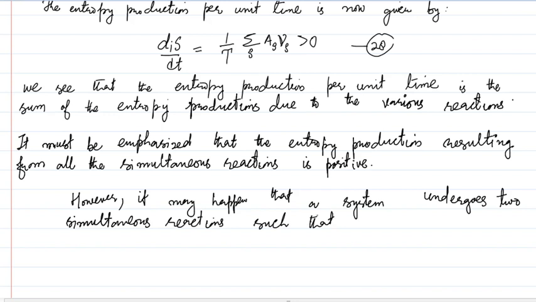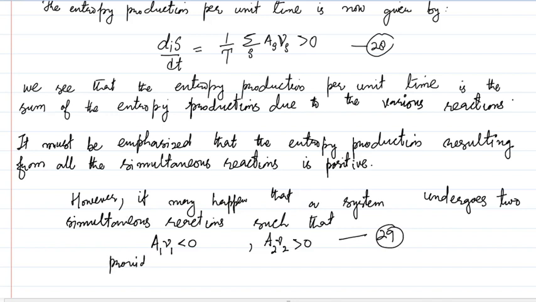Such that, suppose if a system undergoes two simultaneous reactions, we can write A1 for reaction 1 and its rate ν1. Suppose it is less than 0. Or in the second reaction we can write A2 ν2 is greater than 0. Suppose this is equation number 29.